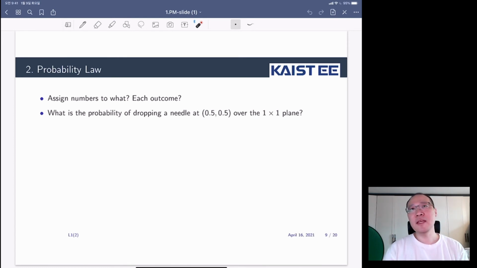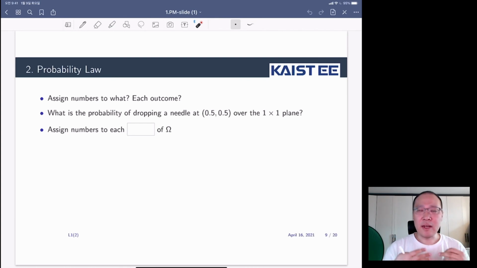Because there are an infinite number of points in the 1x1 plane. Dropping a needle at the point 0.5 and 0.5 is just one outcome. But in this case, if we assign a number to this outcome, it should be 0. So somehow we need to be more careful about defining what we mean by the assigned numbers.